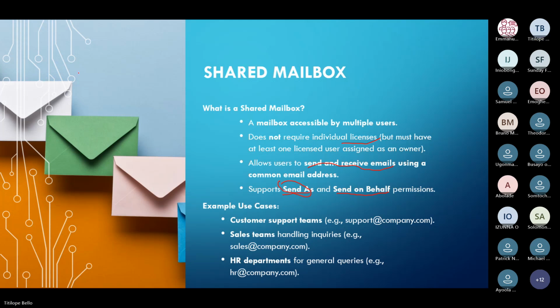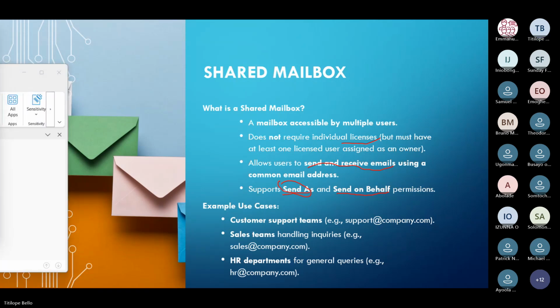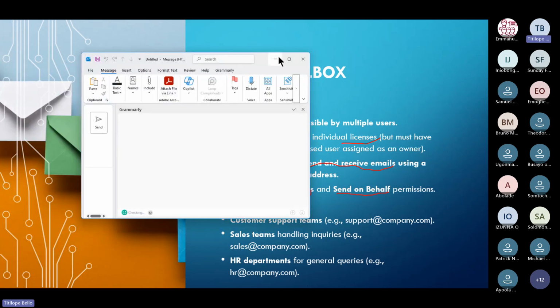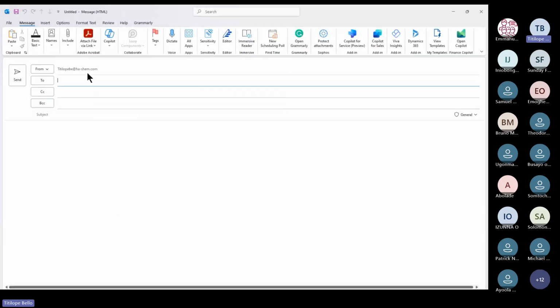Titi will just draft the email in her own personal email, but before sending, let me bring something up quickly. This is an email. I'm drafting the mail I want to send. And by the time I want to send, you notice this From button is enabled.